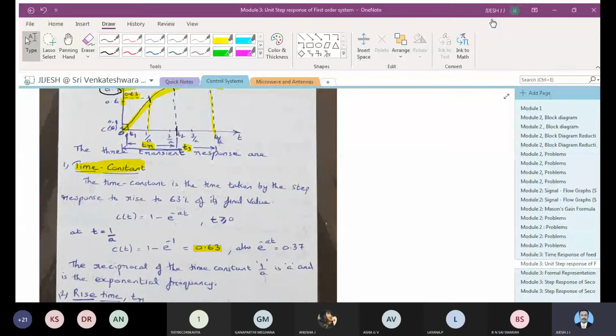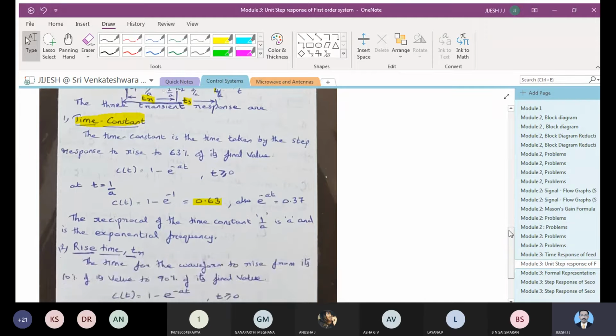Once you complete the time constant, we will move on to the rise time. Have you completed that? Yes, sir. Okay, we will move on further with the rise time.